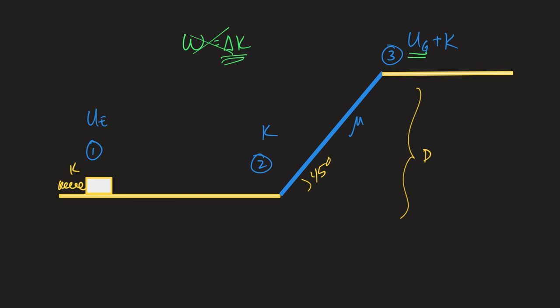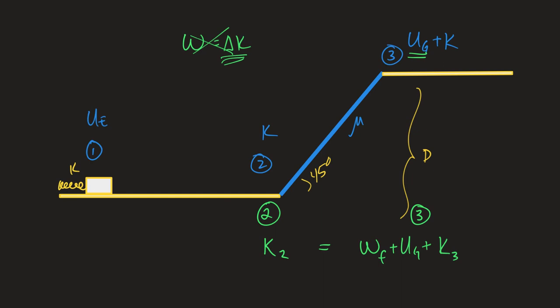So I tend to like the idea that we say, okay, between state 2 and state 3, if I want to make the energies equal, then at state 2 there was kinetic, and at state 3 there's gravitational and potentially some kinetic. But also, while it slid up the ramp, it got hotter, and that has some of the energy too.